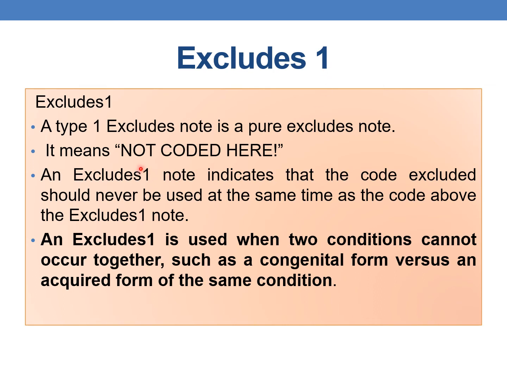That is nothing but not coded here. An excludes 1 note indicates that the code excluded should never be used at the same time as the code above the excludes note. An excludes 1 is used when two conditions cannot occur together, such as a congenital form versus an acquired form of the same condition.